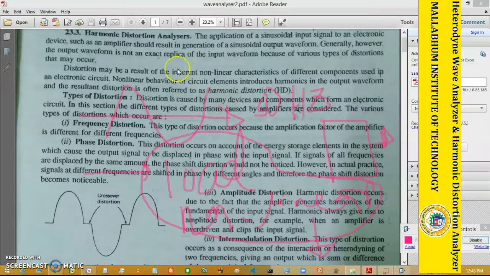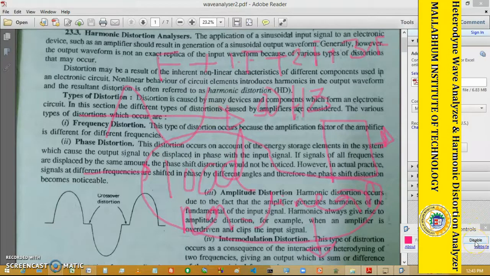Distorted means the output is composed of a fundamental frequency, that is the pure sine wave, in this case 50 Hz, plus multiples of this fundamental frequency. That means if the fundamental frequency is f, then we get an output waveform that is the summation of f plus 2f plus 3f, like that. So we don't get the exact replica of the input signal at the output.